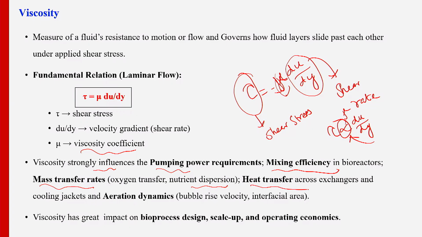The same for heat transfer, heat exchangers and cooling jackets. Then aeration dynamics, bubble rise velocity, interfacial area: everywhere viscosity has a main influence. So viscosity has a great impact on bioprocess design, scale up, and operating economics.